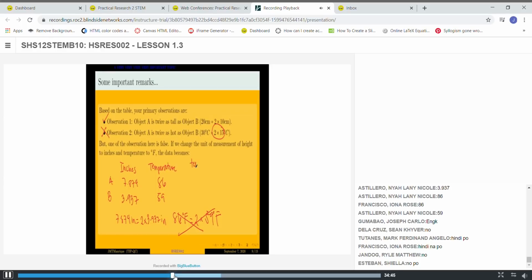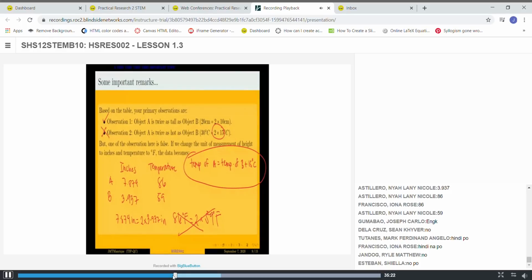Yung temperature of object A is equal sa temperature of object B plus 15 degree Celsius. So this is the correct observation for temperature. Okay? So ito yung dahilan kung bakit bawal ka gumamit ng multiplication or division sa interval data.